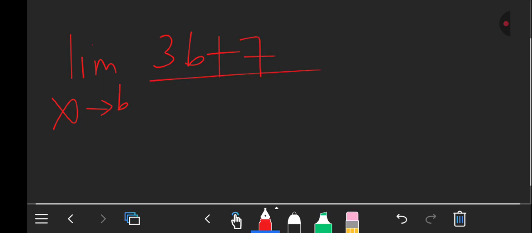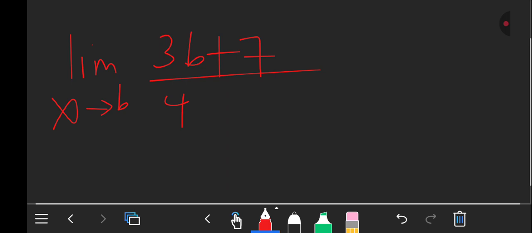Let's say you've been given an instance whereby, let's say limit, I can give an example. Let's say x as it approaches, let me just use a letter b. Then you have a certain function like this, maybe 3b plus 7 over, let me use a certain expression.